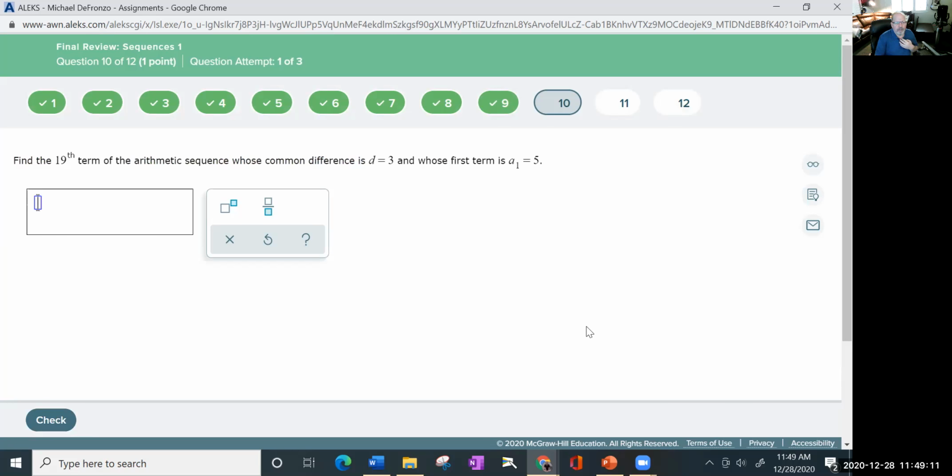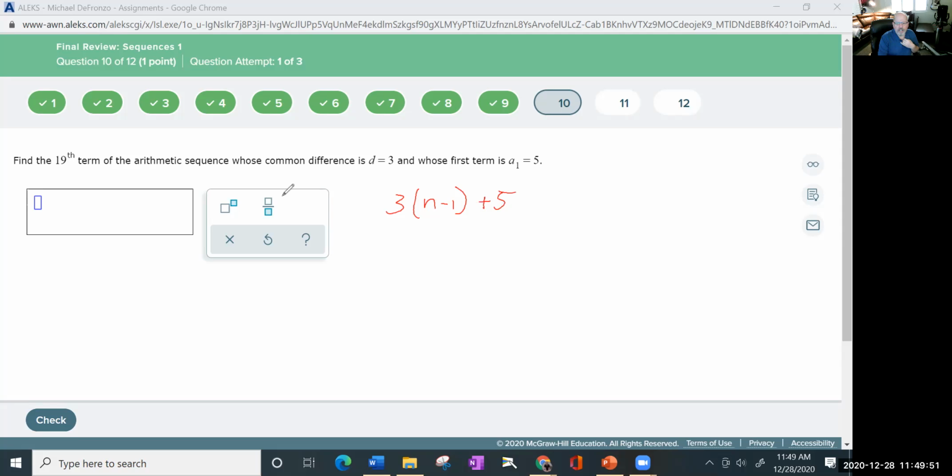Find the 19th term of the arithmetic sequence whose common difference is 3 and first term is 5. So here we go. 3, common difference, slope, times n minus 1 plus 5.